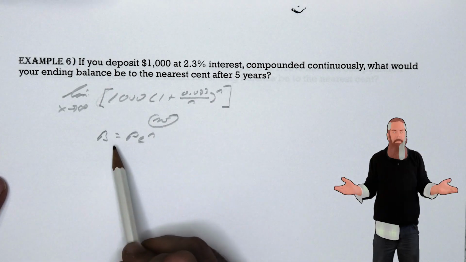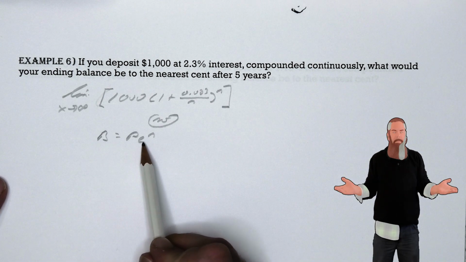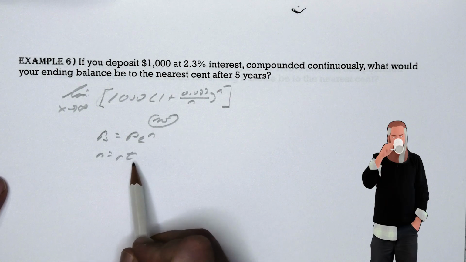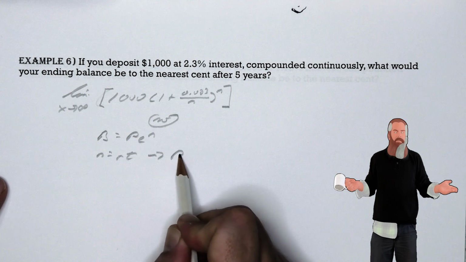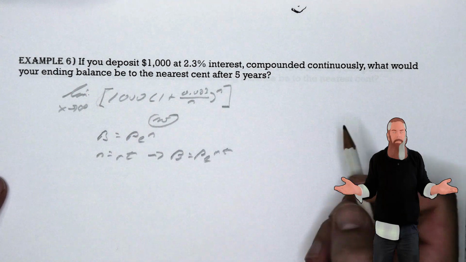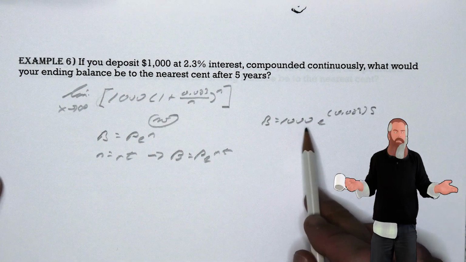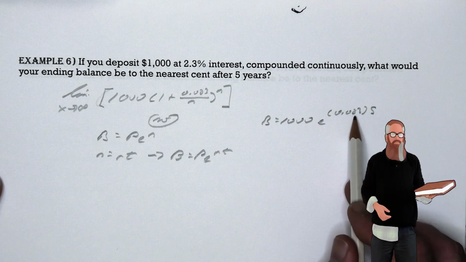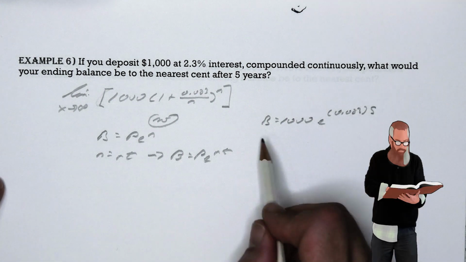So we're going to use the formula B is equal to P times e to the n, where n is equal to rt, meaning we actually have B is equal to P times e to the rt power. This gives us 1,000 times e to the 0.023 times 5 power.